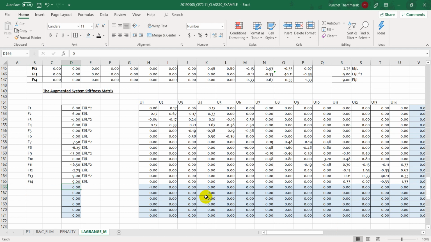Okay, this has to be multiplied by L. U1 is the displacement. Second one is U2. You don't have to multiply by L. Third one is U3, U9, and U11.